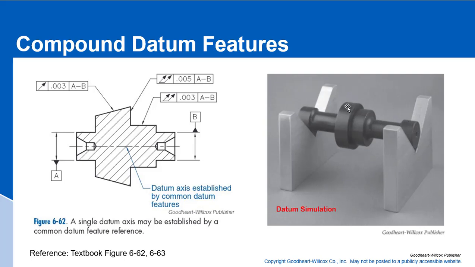We could spin the part around, and so we can measure the runout of this conical surface, or the runout of this surface, or the runout of this flat surface right here. So that's how we would use a compound datum feature. Again, we're not using material modifiers in this case. We have A dash B within a single block of the feature control frame.